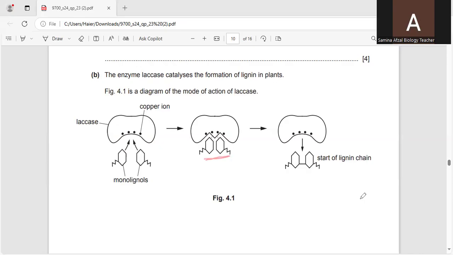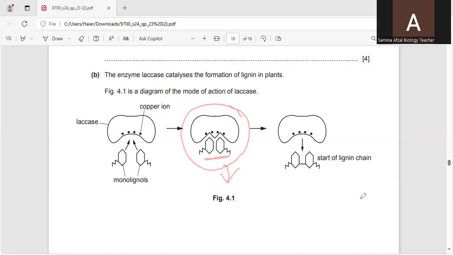So here I would like to illustrate this diagram as monolignol binding. So laccase enzyme has copper ions, active sites. The enzyme will bring about a little change in the shape, and then there will be the attachment of this lignin chain at the active site, and then the formation of this enzyme substrate complex, and then at the end they will separate from each other.